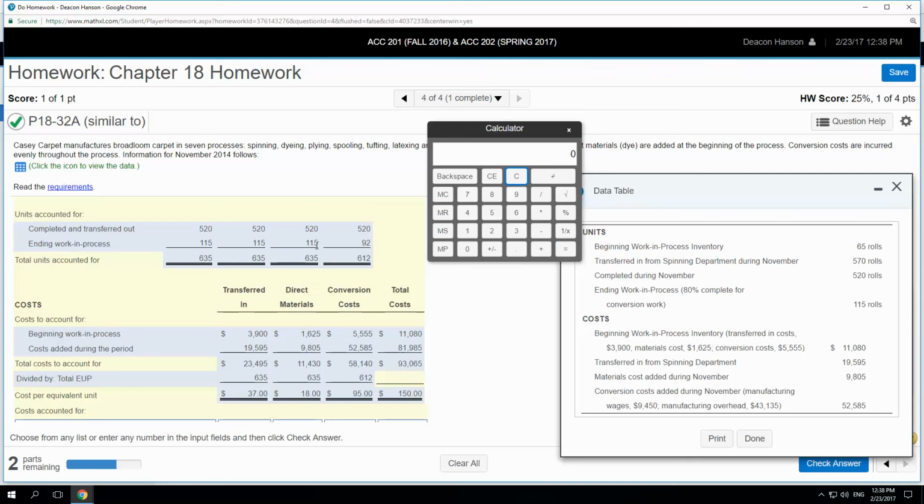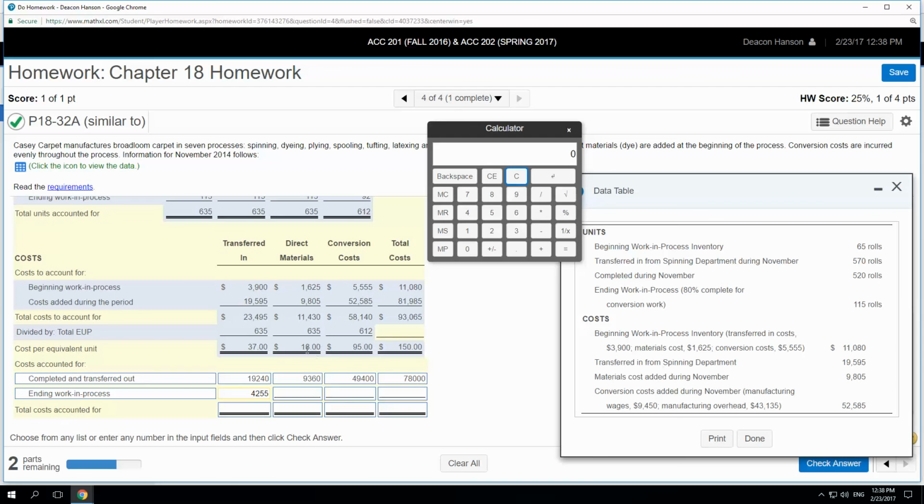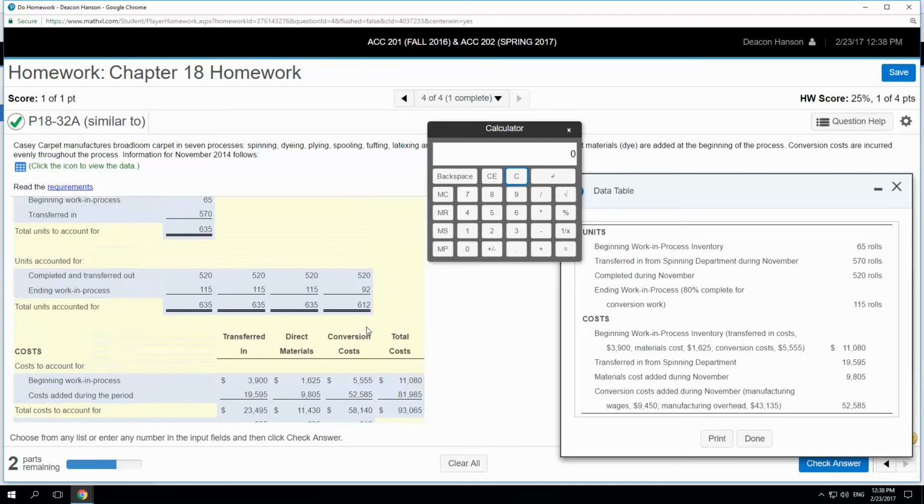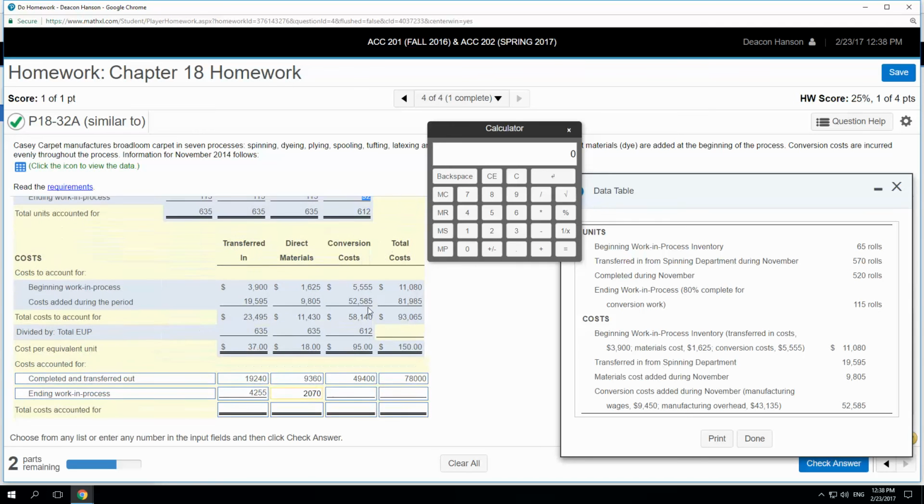Then we're going to do 115 times 18 for direct material. Then we're going to do 92 times 95 for conversion costs.